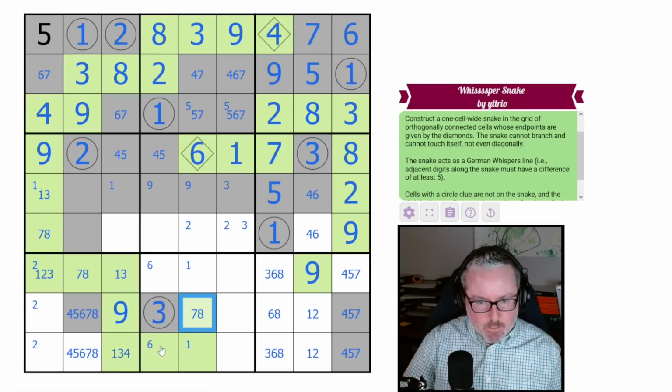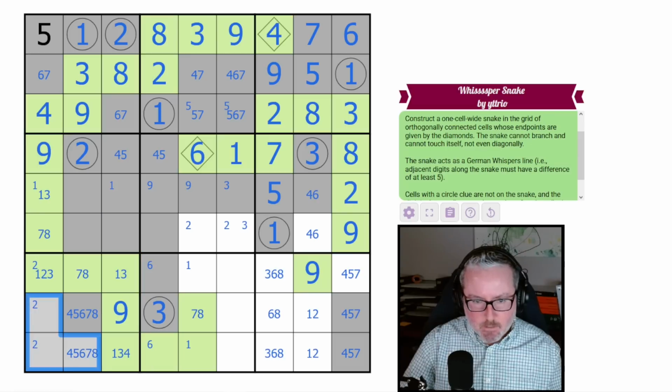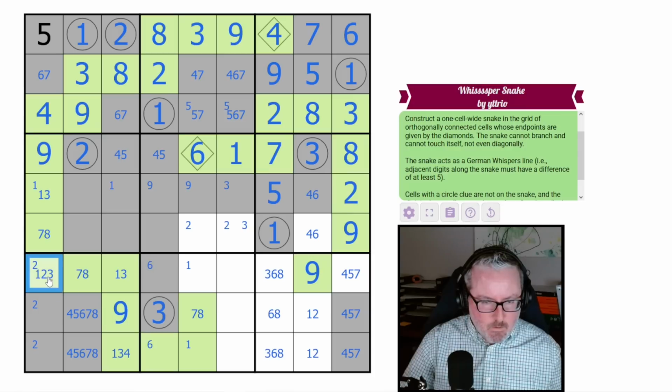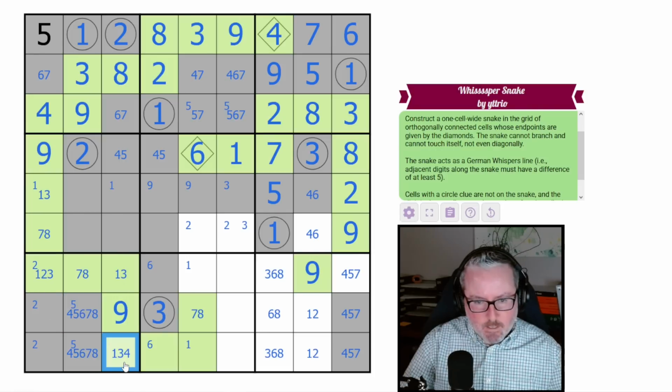We now have touched this guy, so all of you are non-snakified. I was hoping we could have a reduction in one of these low digits. One of these is a 5. Like I said, we can't rule out the 4s.